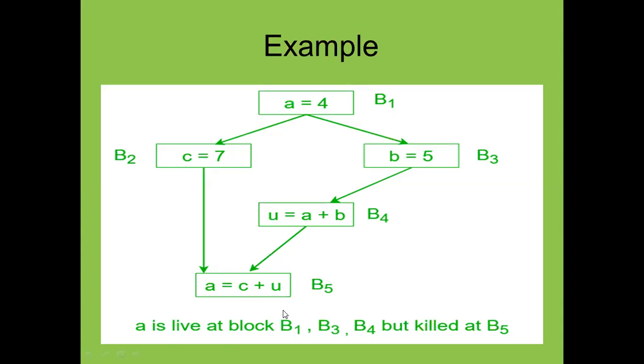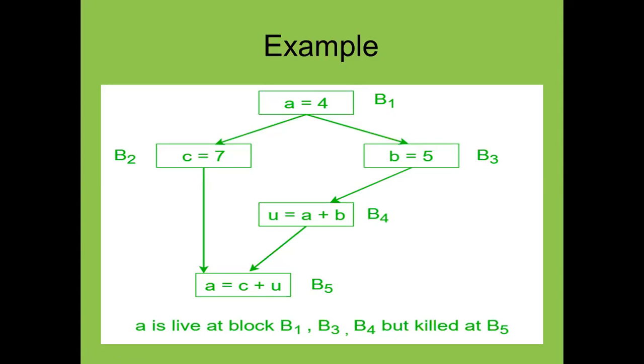So A is live at block B1 because you define it initially and this has the dependency on this. So we can say A is live at block B1, B3, B4 but killed at B5. You cannot write again A is equal to C plus U, because initially you have already defined A is equal to 4. So we can say this is killed at B5.